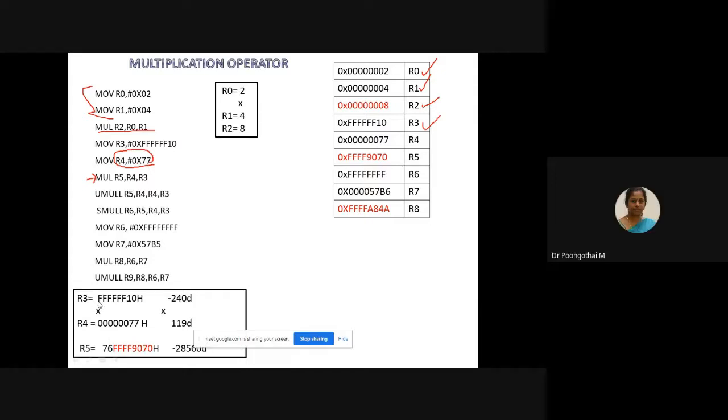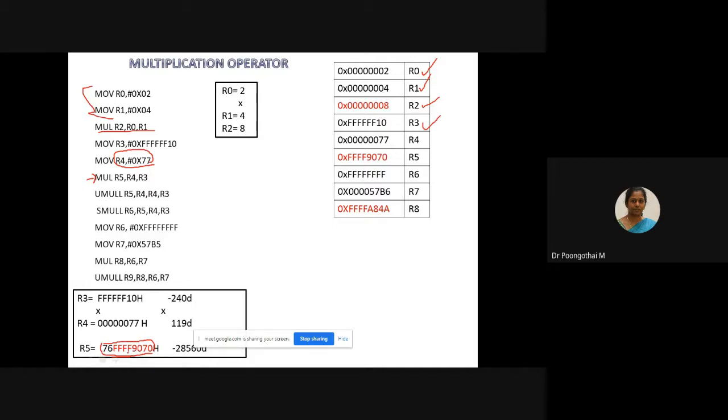So I'm going to multiply this 32-bit number by 77. According to your processor's understanding, these two numbers are unsigned numbers. After multiplication, you will get this 64-bit result. All of you getting this? Just do it in the hexadecimal calculator.